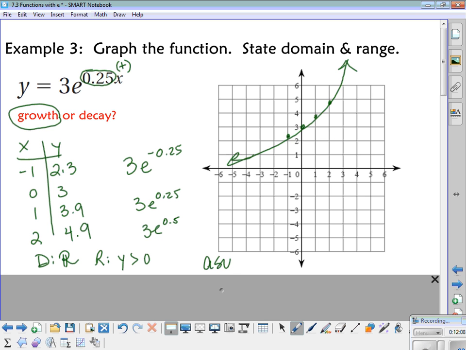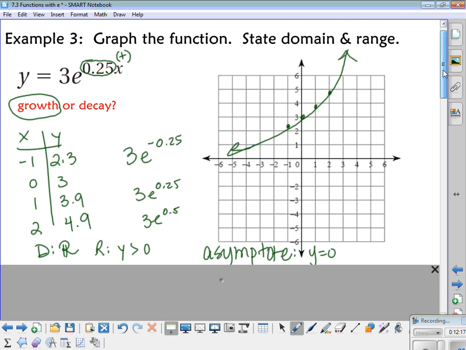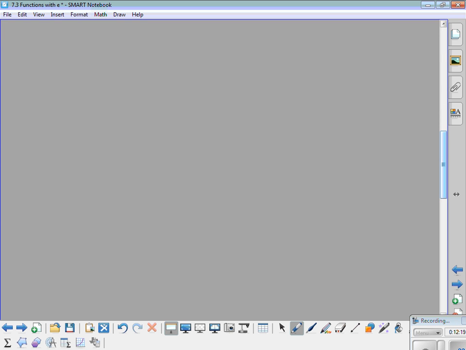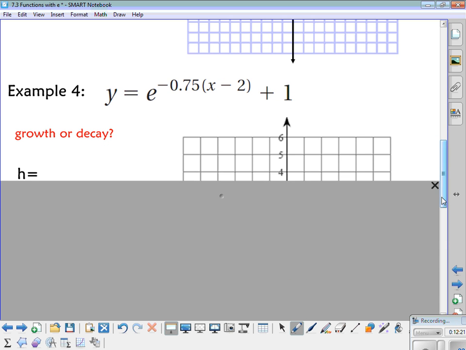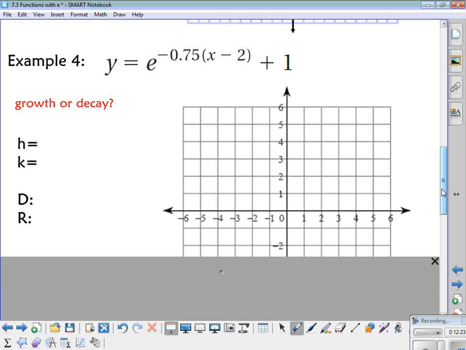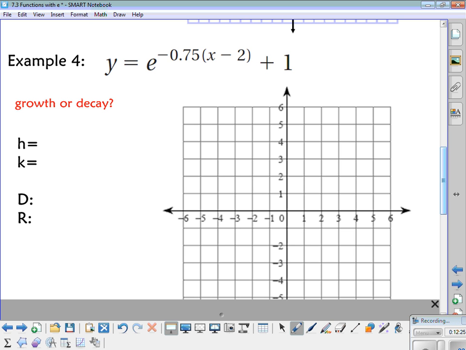The asymptote is y equals 0. All right, because of time, I'm not going to have you do one, but I do want to quickly show you another one. When you have one in this form, it's the h-k form, so I've got my h and my k.